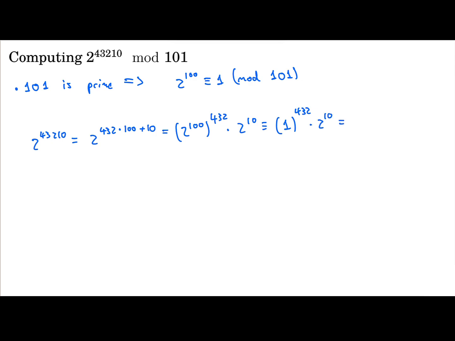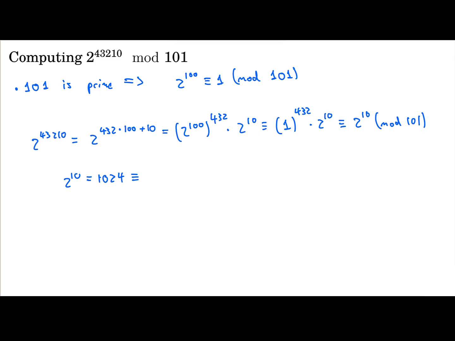Which means that this is just 2 to the 10 mod 101, right? And 2 to the 10 is just 1024. And now we can just compute this mod 101. So if you divide by 101, and this is not too bad, you can just do it by hand.